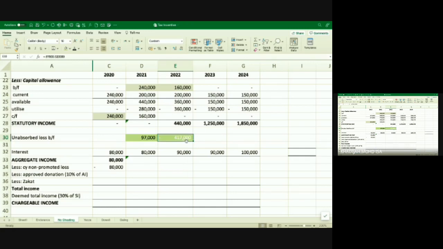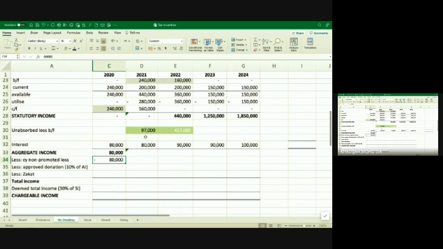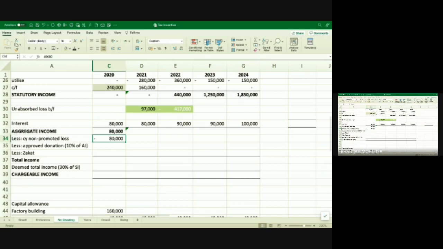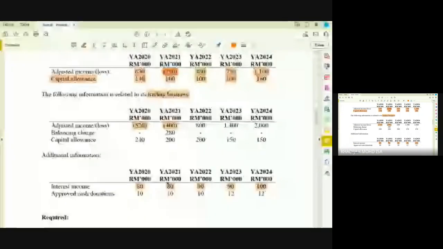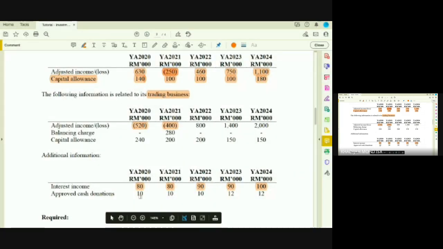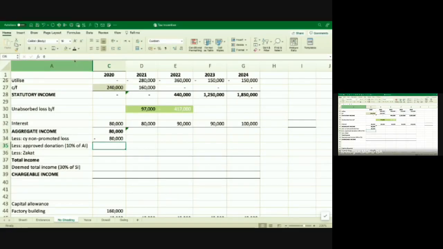Okay, let's come back. I want to show you that this 80,000, you have a balance of 97,000. That 97 appears under unabsorbed loss brought forward in 2021. Because 80 minus 80 is 0, even though the company donated 10,000 in 2020, you cannot claim any donation.